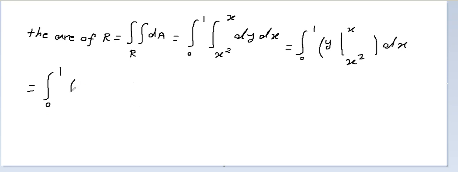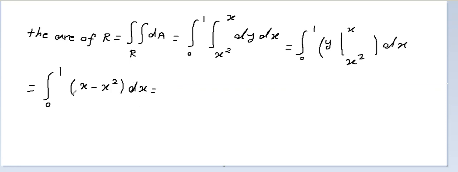Here we have the value of this function when y equals x minus when y equals x squared. So here we have x minus x squared dx, correct? When y equals x minus when y equals x squared.